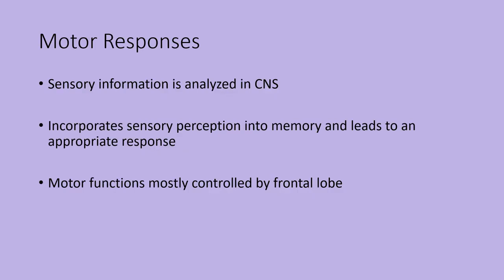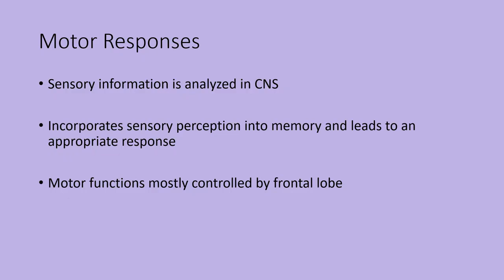So you've got the sensory response, you've got the processing of that information. That sensory information was sent to the central nervous system, got analyzed, sent to the appropriate area. Now, it has to determine if there's a response.